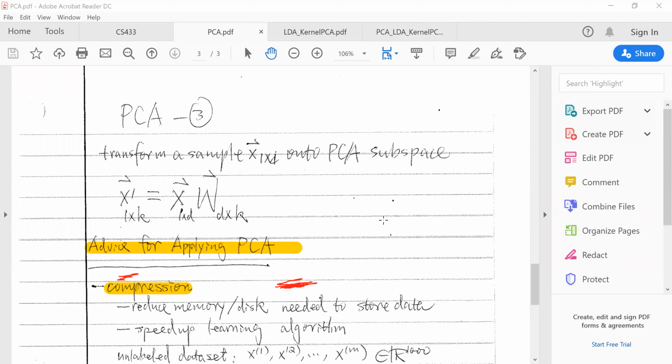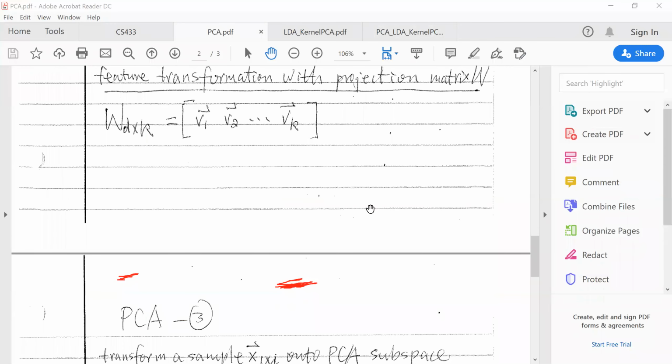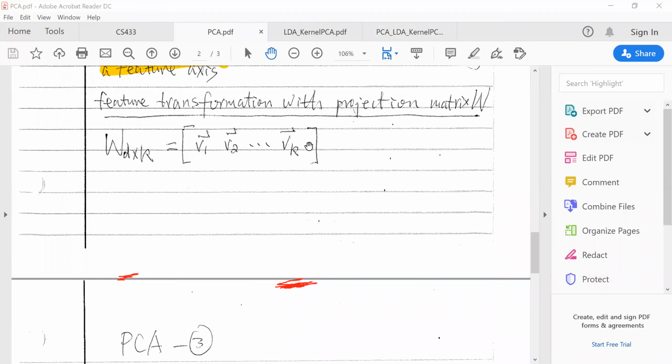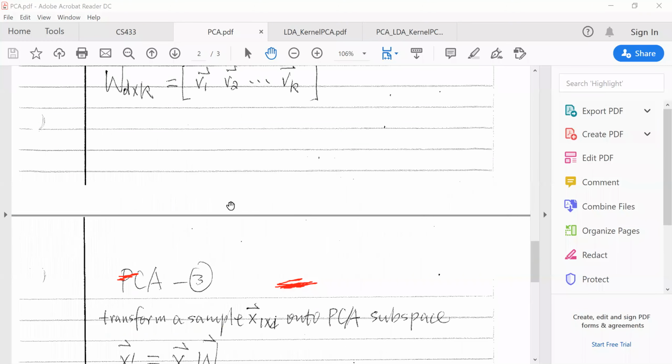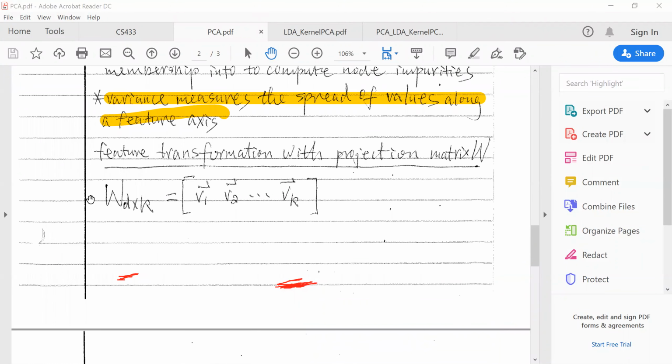After you find the eigenvectors, you can use them to build the projection matrix. So this is our projection matrix.